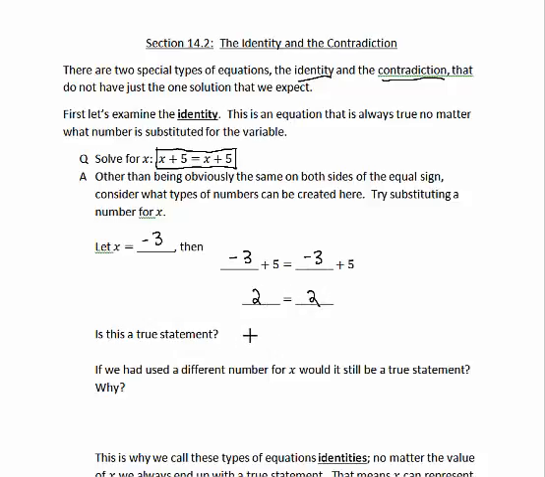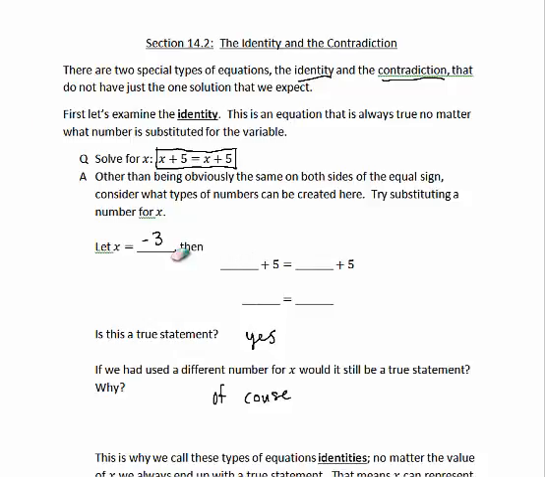Is that statement true? That would be yes. If we had used a different number for x, would it still be a true statement? Of course. Why? Because we're doing the same operations on both sides to the same number. So if we were to pick a different number, as long as we put the same number in the blanks on each side, then we just simply add a 5 to it.